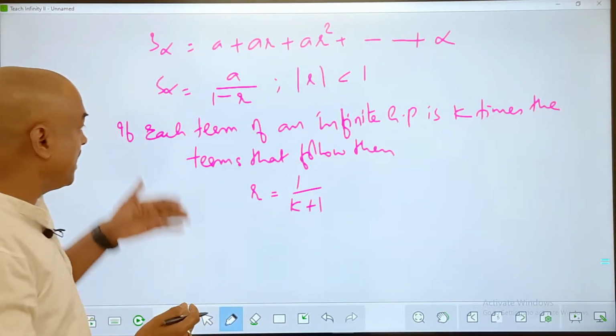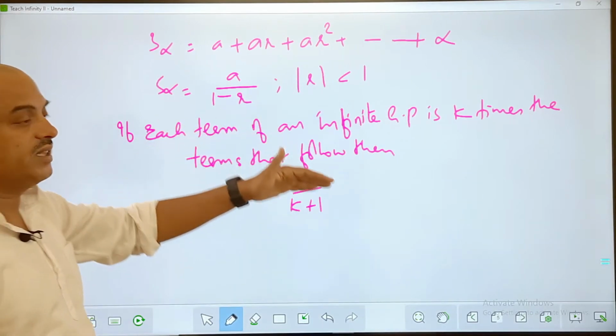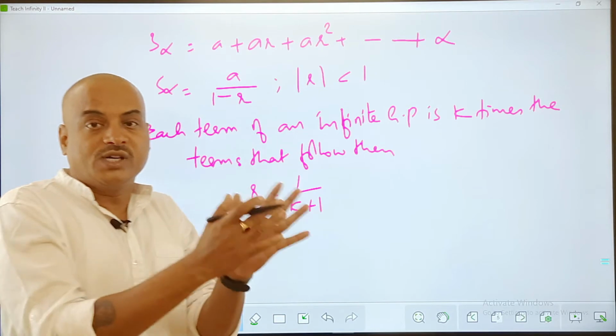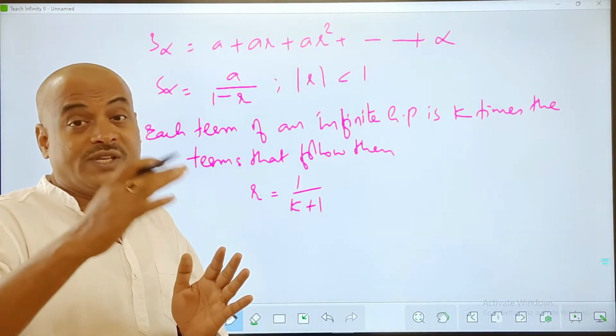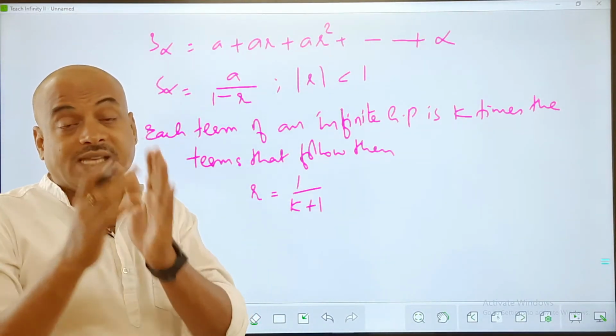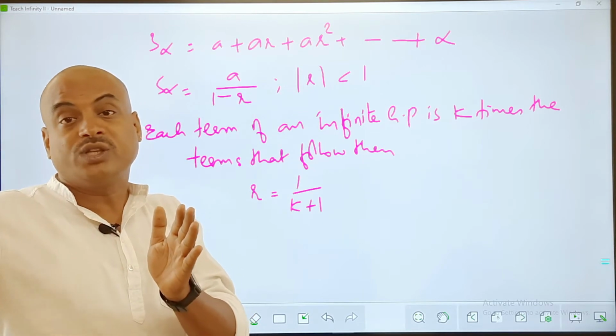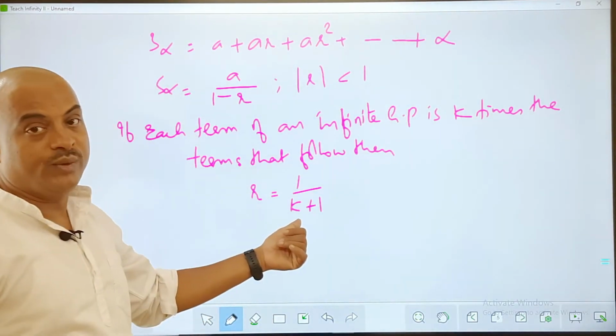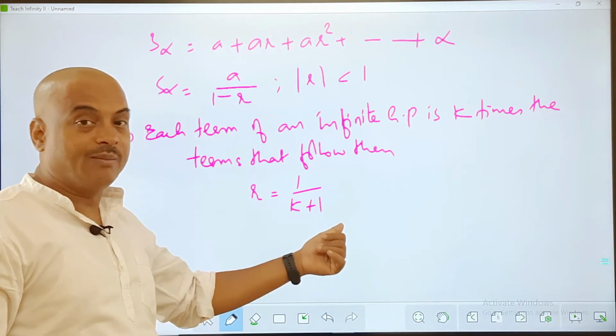So suppose you have a condition given like this: if each term of an infinite geometric progression is k times, that is, the first term is k times the sum of the second term, third term, fourth term, fifth term, and the second term is k times the sum of the third term, fourth term, fifth term, sixth term, like that, then R value we can find using 1 by (k plus 1).